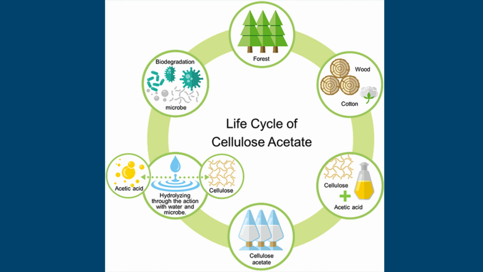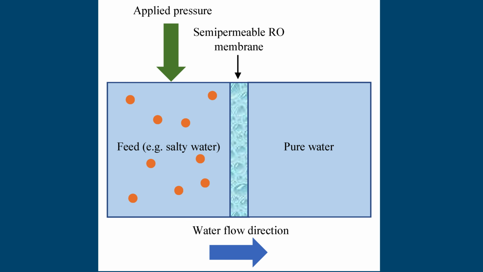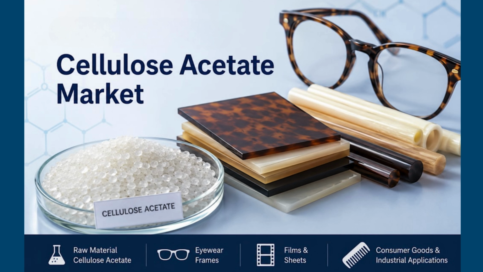Among these, cellulose acetate membranes have played a transformative role in reverse osmosis, forward osmosis, gas separation, and water purification due to their excellent chlorine tolerance, fouling resistance, and tunable selectivity.